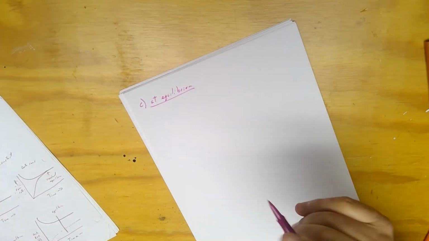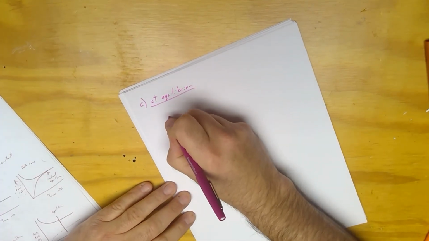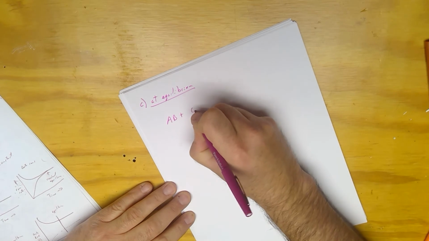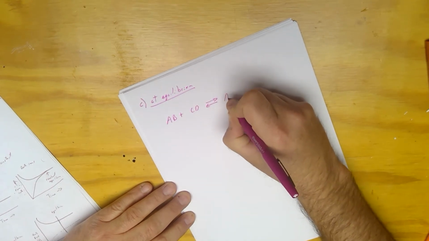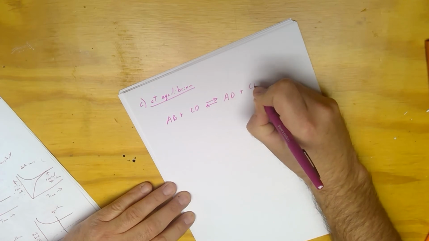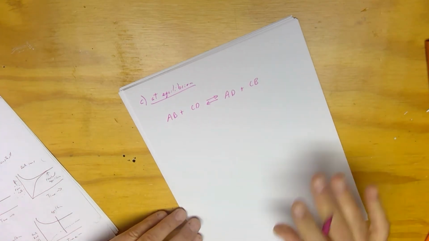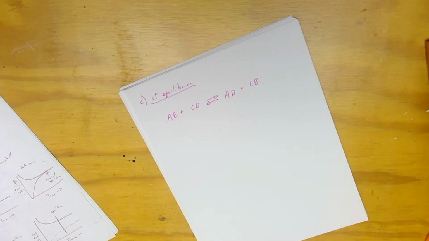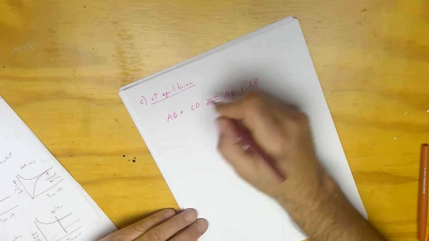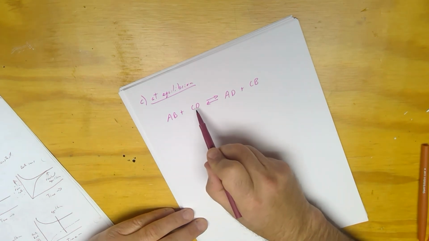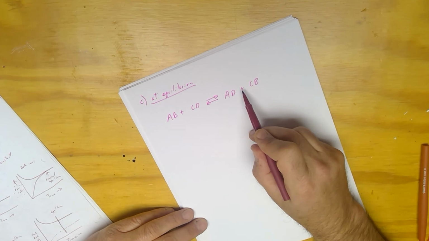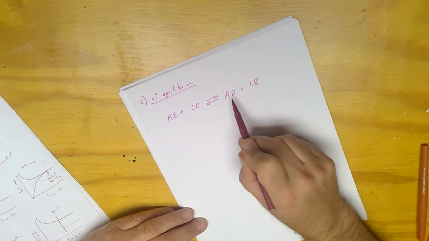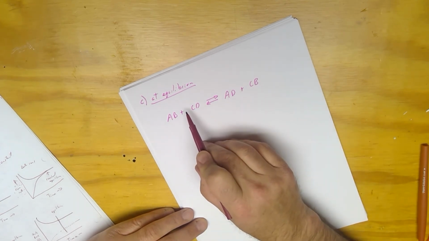And that's what happens here. So once we reach equilibrium, what that's saying is that every time an AB and a CD come together to form these guys, at the exact same time, one of these guys comes together to form these guys.